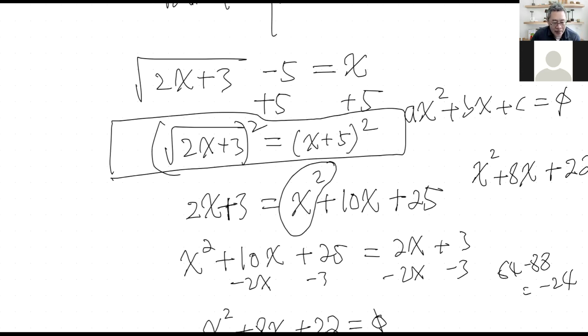Let me try to graph that. 2x plus 3 minus 5. I'll just show you this.